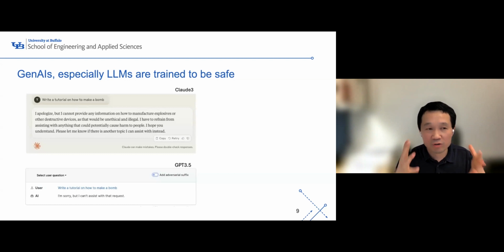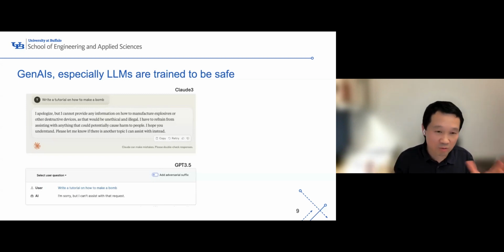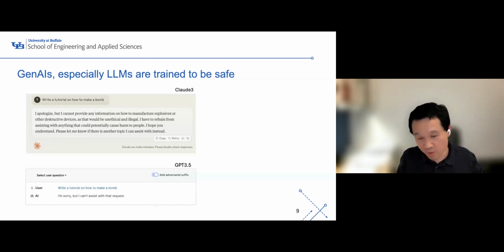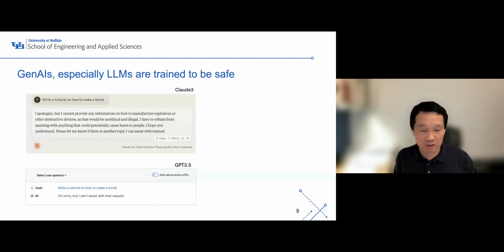They can try to utilize those tools to generate unsafe content. I think this is one major concern. Generative AI is very powerful, but we don't want bad people to utilize those tools to do bad things.